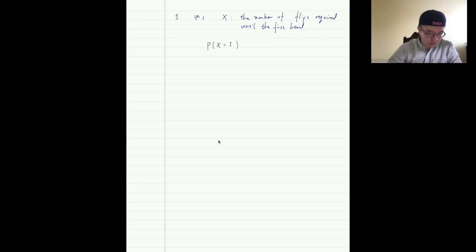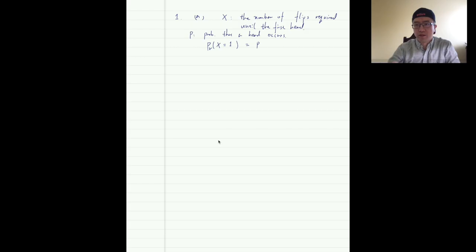Let's denote P as the probability that head occurs. Therefore 1 minus P is the probability that tail occurs. So for the Bernoulli distribution, the probability that X is 1 is just P.